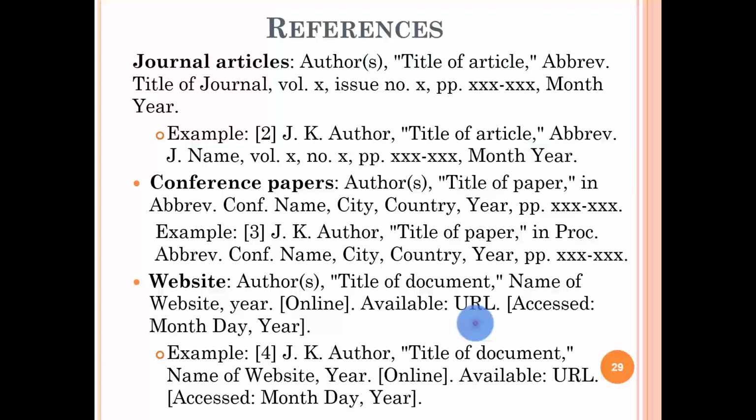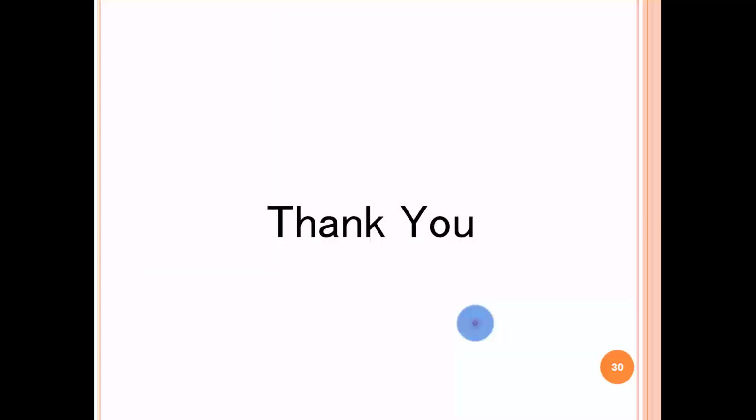So this is a quick view about references. Those who are interested, please write in the comments section. I'll be glad to assign a separate tutorial or lecture for this topic of citation and references.